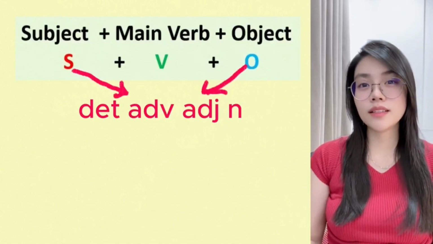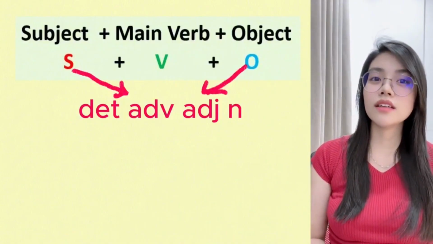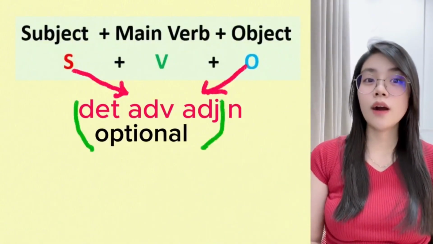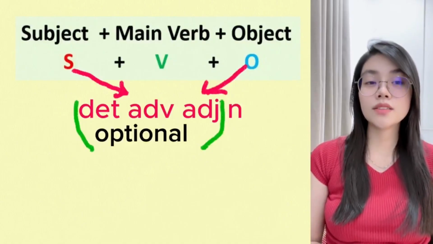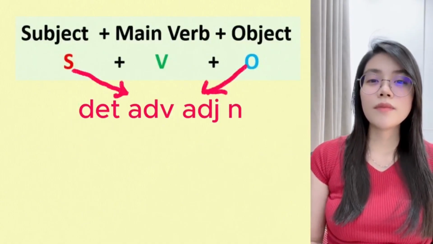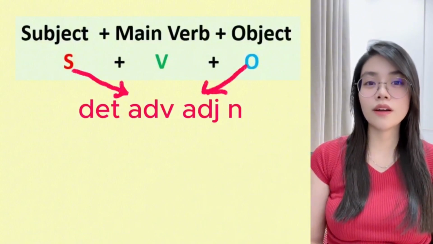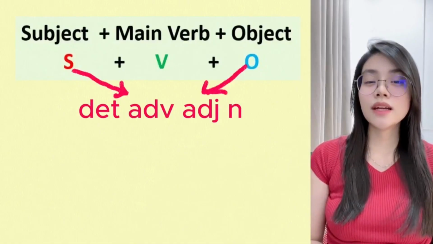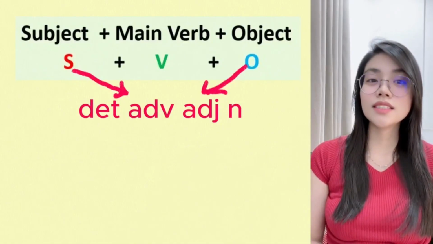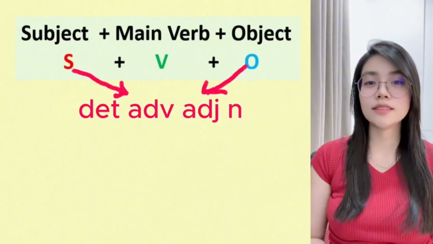It means you can include them or leave them out depending on the information you want to convey. However, there must always be at least a noun. Alright, but sometimes you might see a long subject or object. This is because they often consist of more than one noun phrase.